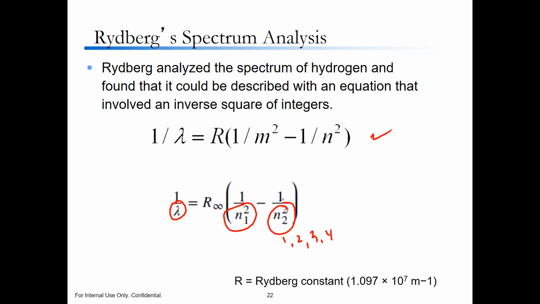N means these layers. When an electron goes from one layer to another layer, we can figure out the wavelength of light. So that's what the Rydberg equation means: from one layer to another layer. Because the electron has to travel from here, and when it goes back down to here, it's n equals 2 to n equals 1. That's what these n numbers mean here.